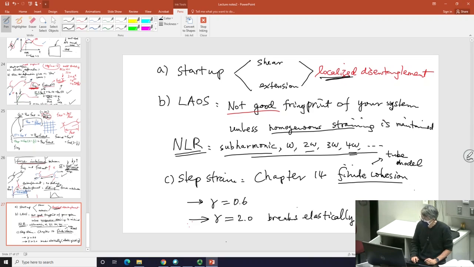Where we showed in chapter 14, at least as a rheological measurement, such a structural change due to Rouse would have produced some experimentally measurable rheological consequence, but we didn't see it.